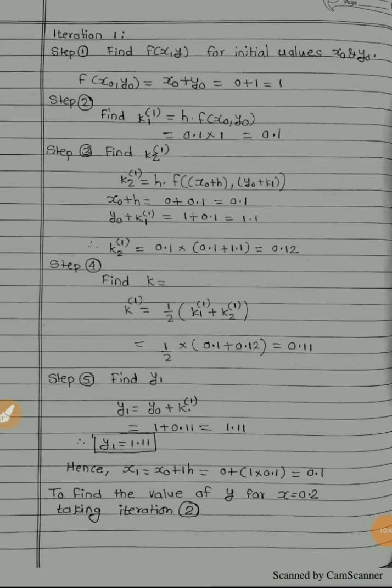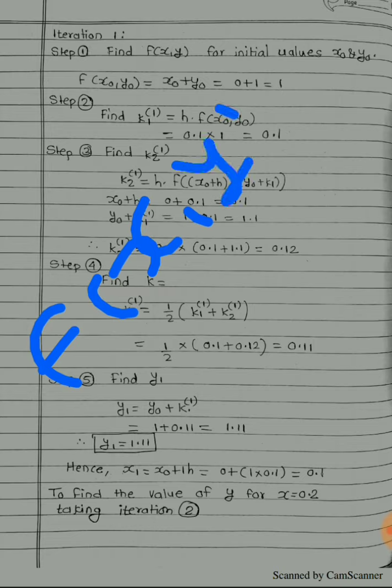So friends, we'll start with the steps one by one. In step 1, we are supposed to find out the value of f of x,y at x0 and y0. So my equation of f of x,y is x plus y.